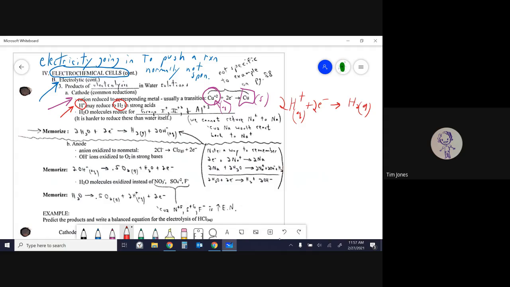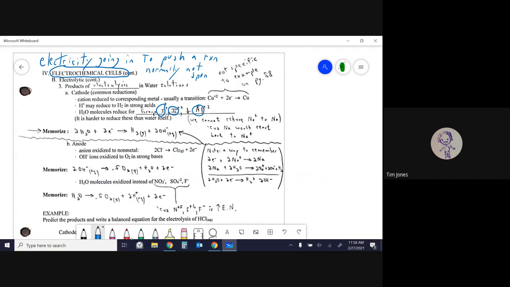Finally, there are certain things that do not want to be reduced. They are stubborn and they say, don't reduce me. I'm not going to reduce unless there's no other possibility. And those are group 1, group 2, and aluminum, when they're in water, by the way. If they're not in water, you can reduce them.